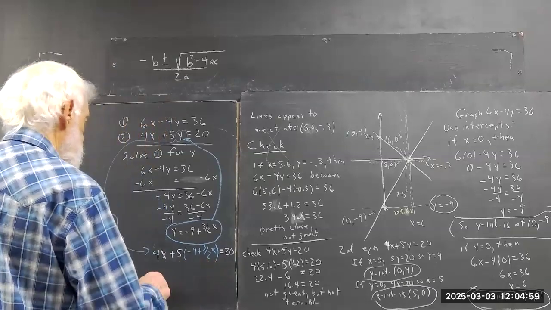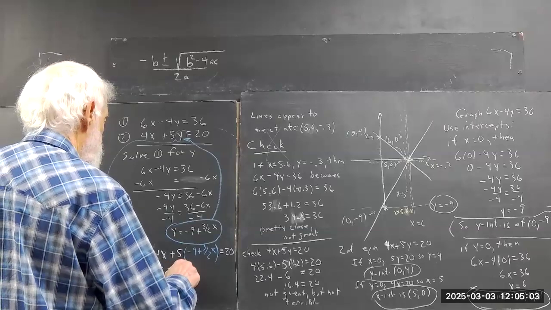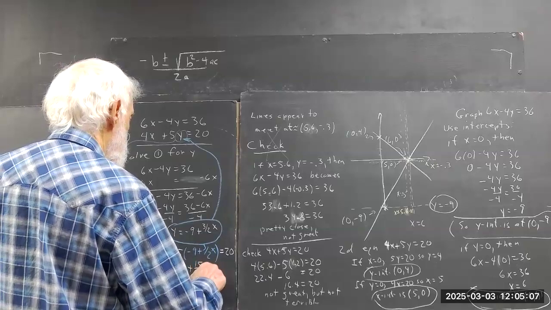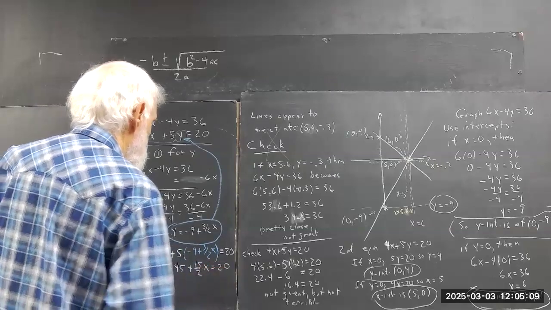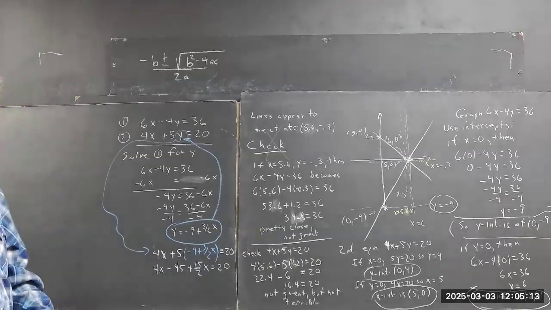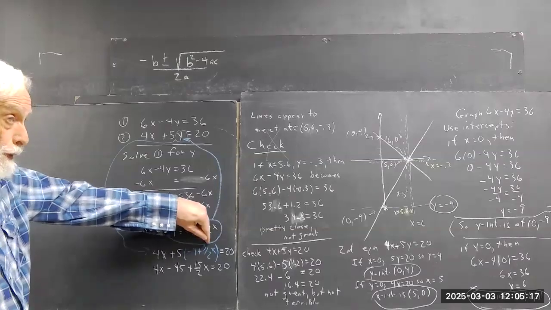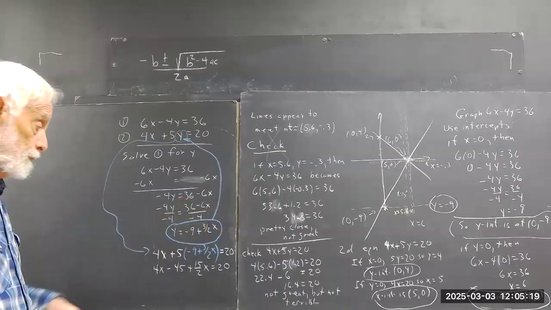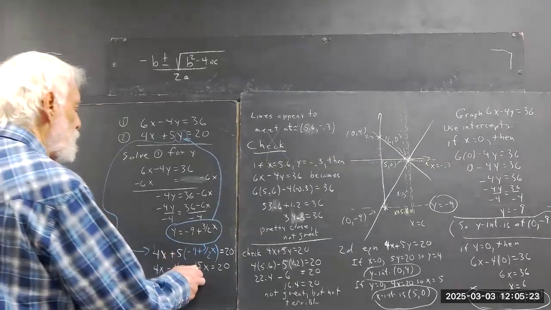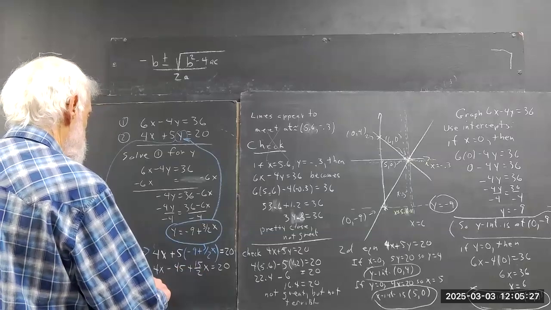Then I use the distributive law. In the interest of time, I didn't write the intermediate step. You should write that step: 5 times negative 9 plus 5 times 3/2. Now I multiply both sides by 2.